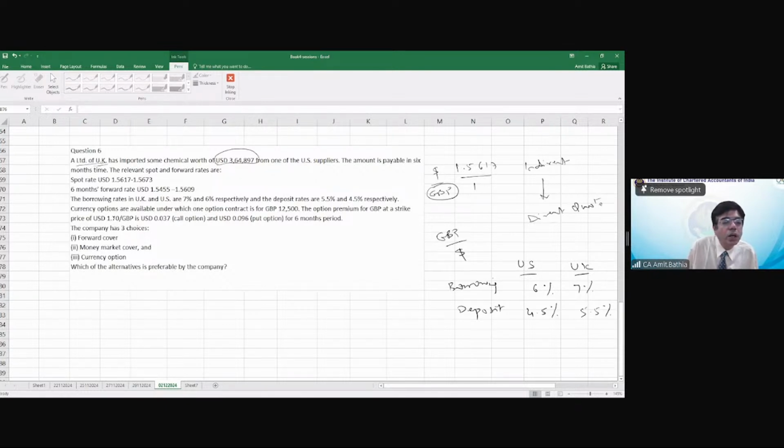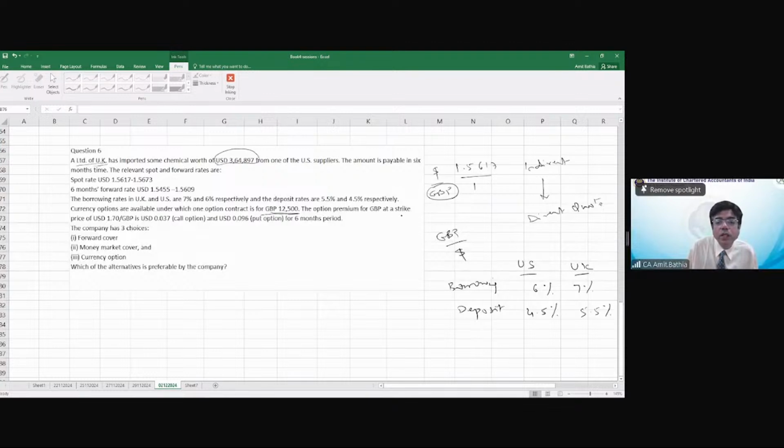All right. Currency options are available under which one option contract is for GBP 12,500. GBP contract size is given to us, right? So I will need to arrange based on what is going to be my dollar requirement, right? Because my ultimate objective is dollars.